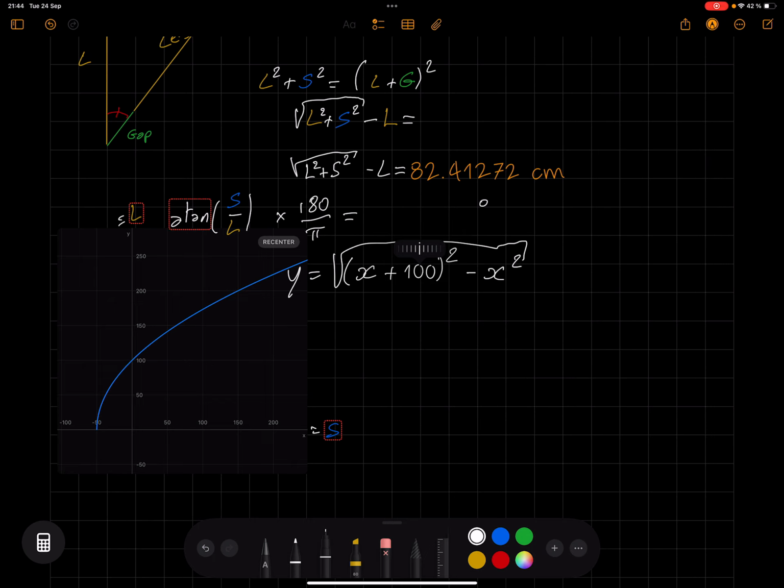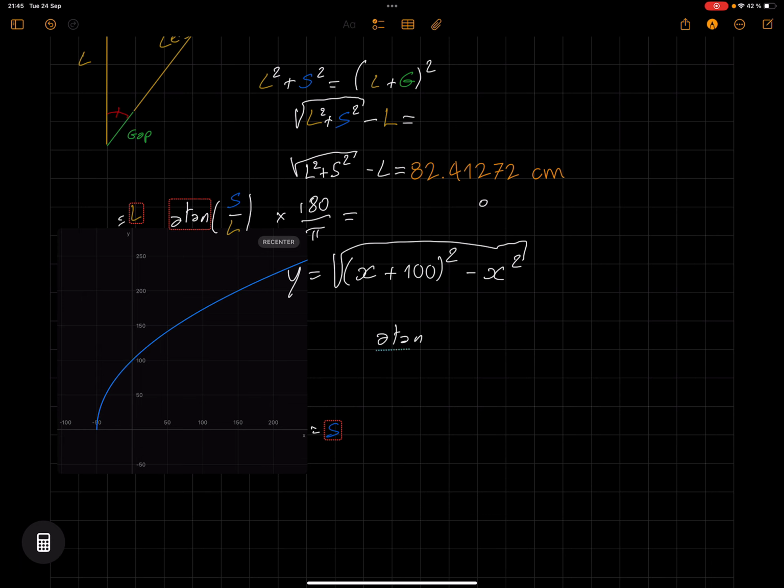No, I wanted to add the angle, but it doesn't work, because the idea would be to have a tangent of y by x equal something.